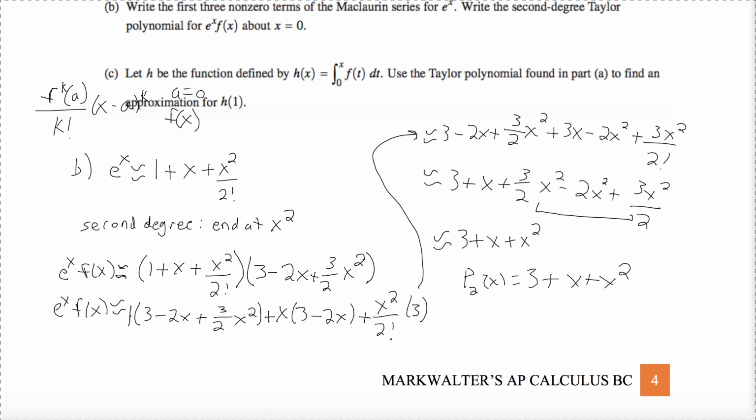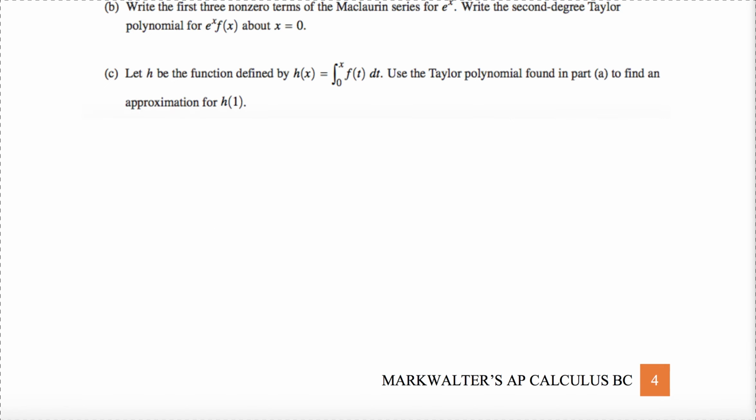All right, let's take a look at part C. Let h be the function defined by the integral there. h of x is the integral from 0 to x of f of t dt. I'm just going to write out what I know this means.